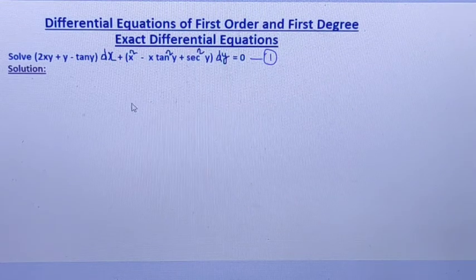Now let us compare equation 1 with M dx + N dy = 0.